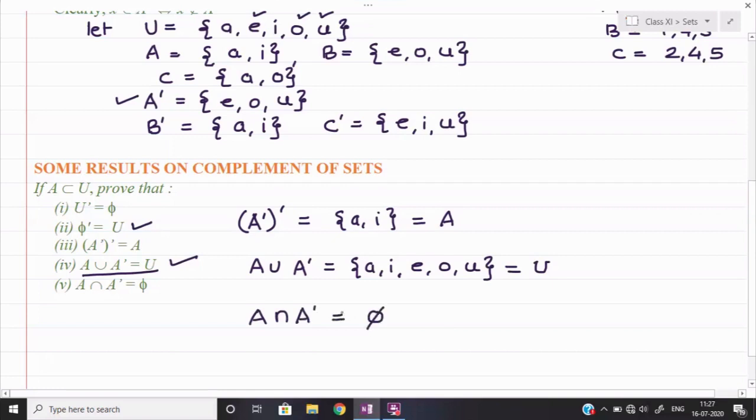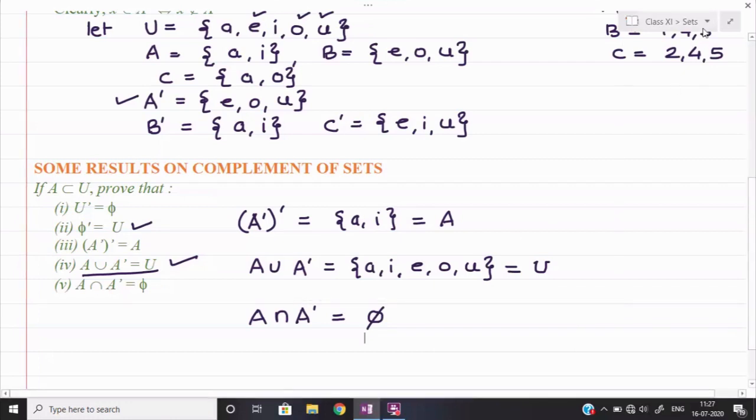You can check, between A and A dash there is nothing common. So remember, the intersection between a set and its complement will always be equal to phi. These rules will be required in some upcoming questions, and this is given in your textbook also.